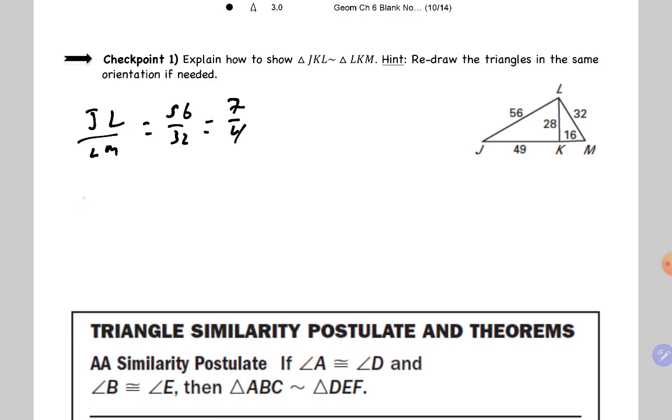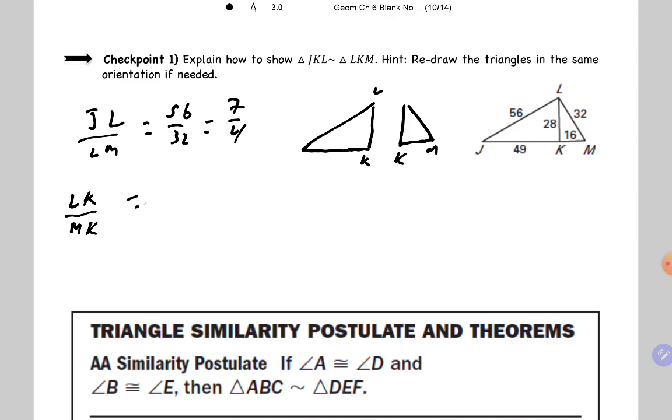Now if I look at the two triangles here, I'm using LK. This is the short side of the left triangle. The short side of the right triangle is KM.